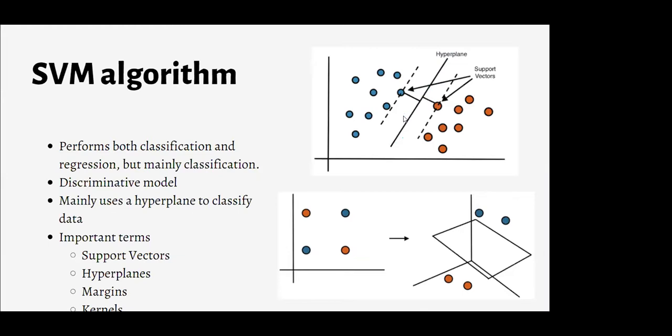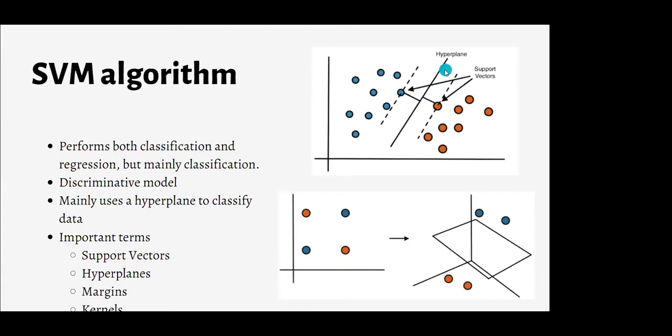If you have a 2D plane, your hyperplane would be a linear line. When you have linearly inseparable data, you project the data and get a hyperplane which exists in 3D format. So your hyperplane depends on what dimension you're plotting your data in.